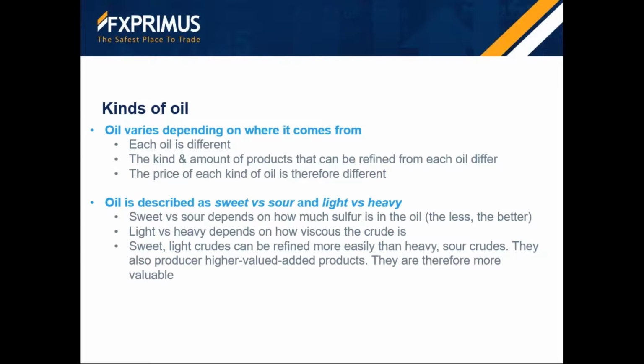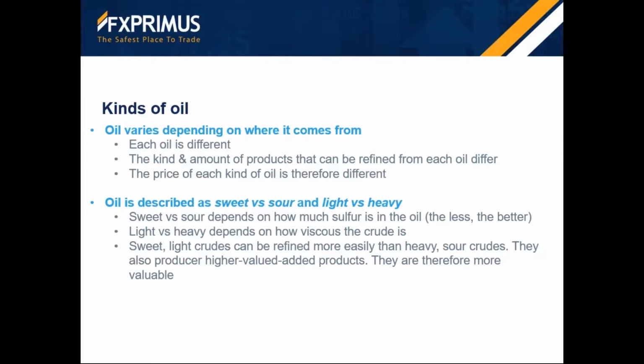This is called the netback. Some products have more energy per liter and are less polluting than other products, and so they're more valuable. Oil that can be refined into more high-priced products, such as jet fuel or gasoline, is therefore worth more than oil that's only good for making cheaper products, such as the bunker fuel used on ships, or asphalt.